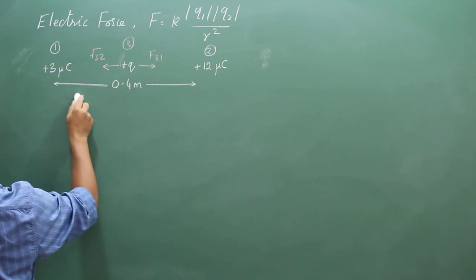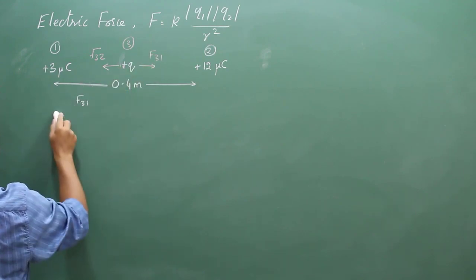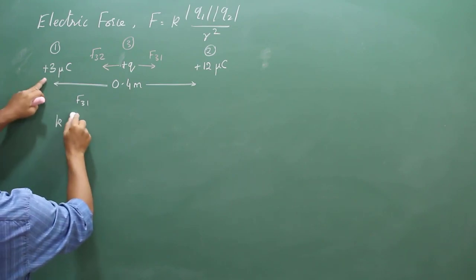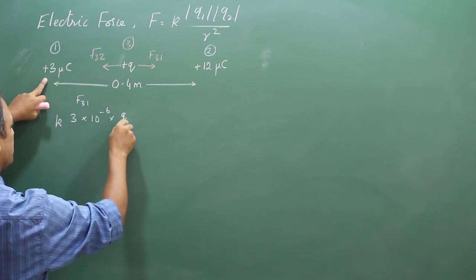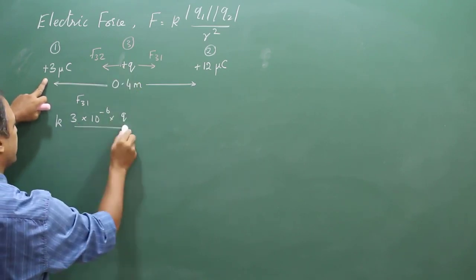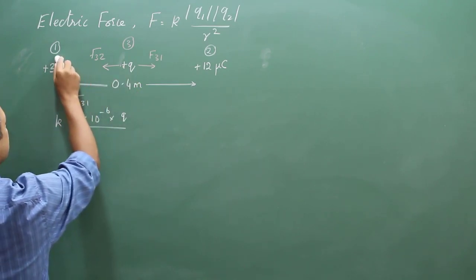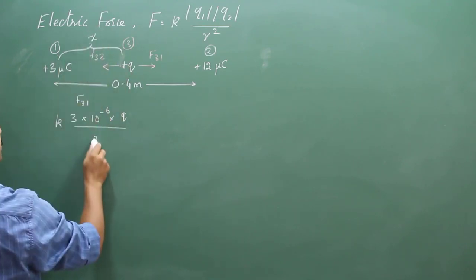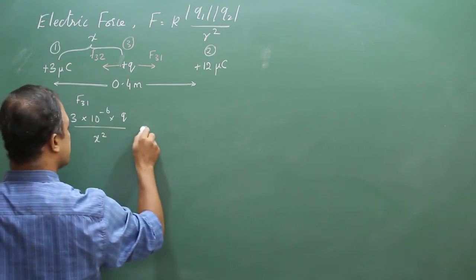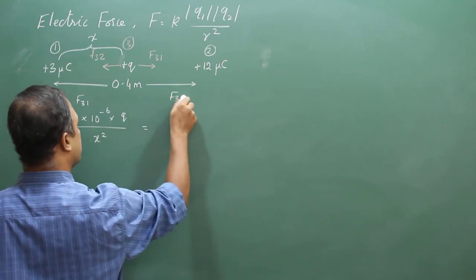So what is F31? F31 has a magnitude k times Q1, which is 3 into 10 to the power minus 6, into Q2, which is Q, this is your second charge, divided by, let me take this distance as x, so therefore it is x squared. And this must be equated to F32.